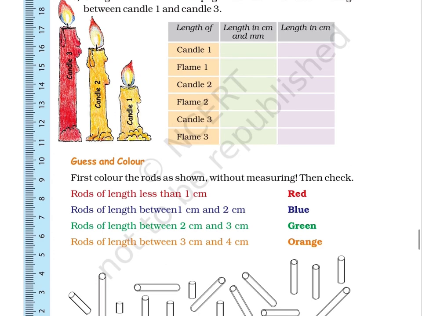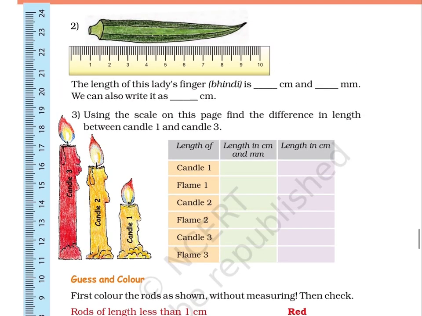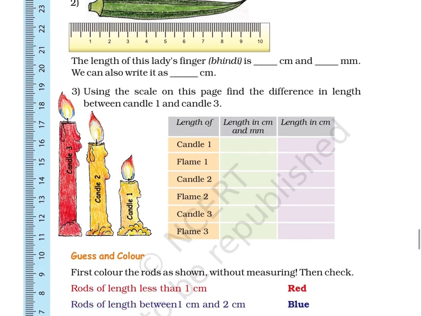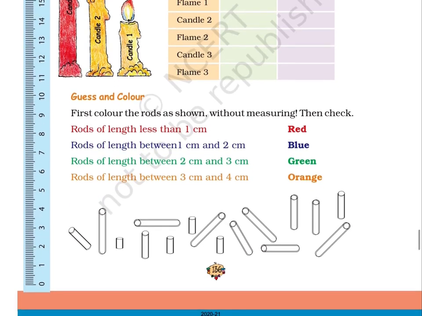You have to use the scale on this page and find the difference in length between candle 1 and candle 3. Guess and color. First, color the rods as shown without measuring. Then check. We can see a lot of small and big rods on the bottom of the page.